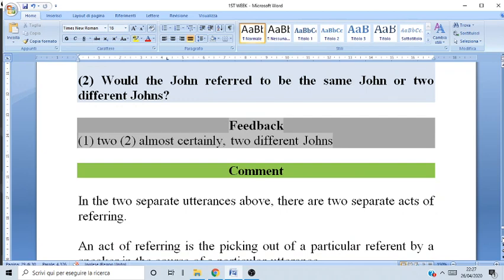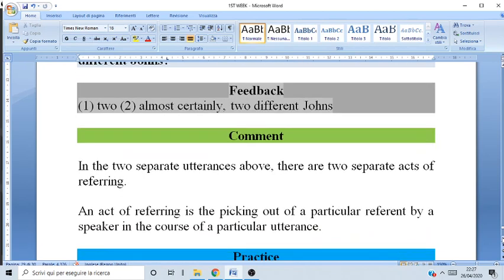So why did they make us do this previous exercise, this previous practice? Because the idea behind it is that for two separate utterances, John is putting on weight, there are two separate acts of referring. In the first case, we're referring to one John.